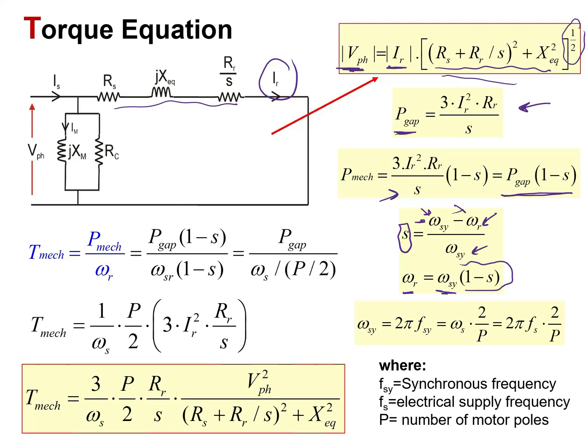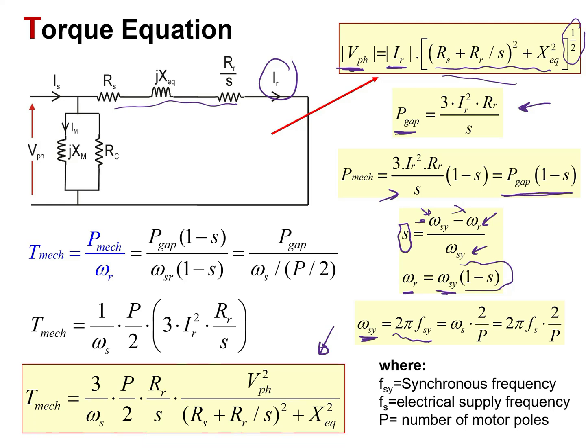Where we are getting to, just bear with me one minute, and we will get to this equation of the torque. Now, remember that the synchronous speed in radians per second is equal to 2 pi f_sy, where f_sy is the synchronous frequency.